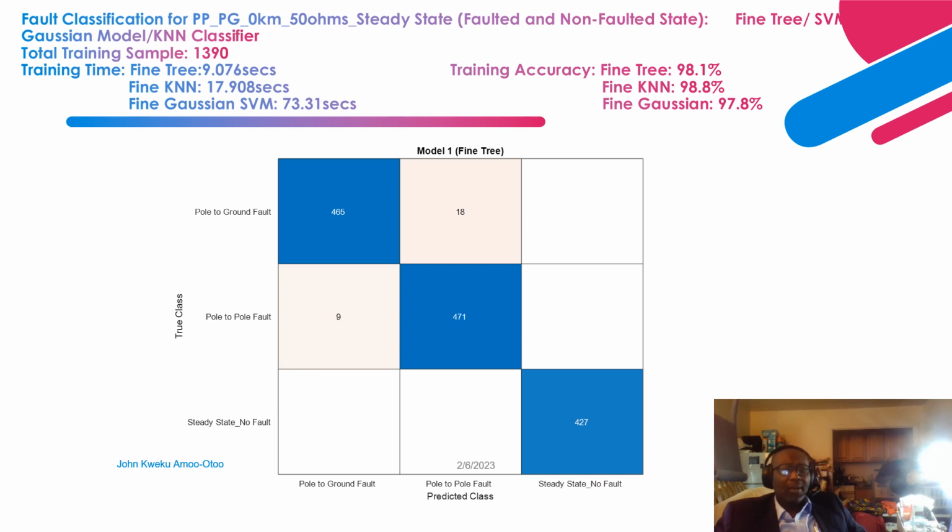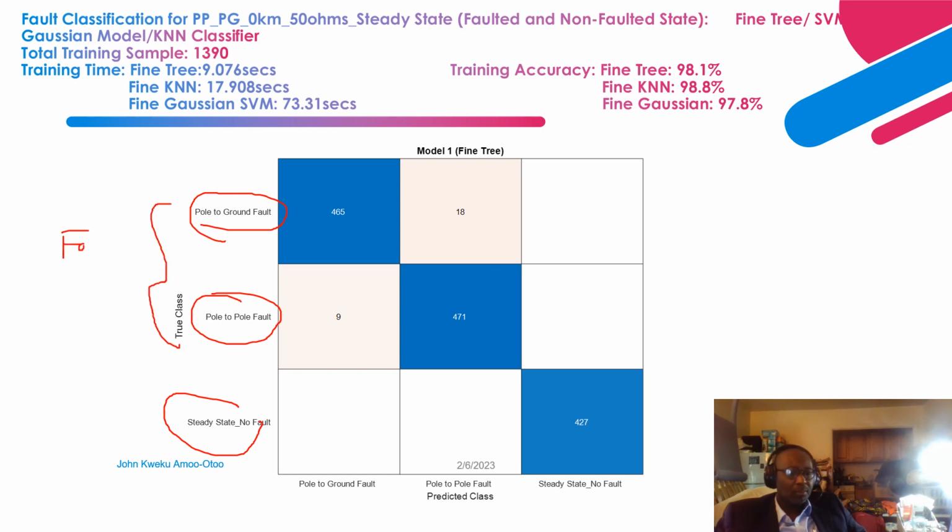So now let's take a look at the confusion matrix. We have a pole to ground fault, a pole to pole fault, and a steady state. This one is giving me the faulted condition, and this one is giving me the no fault condition.